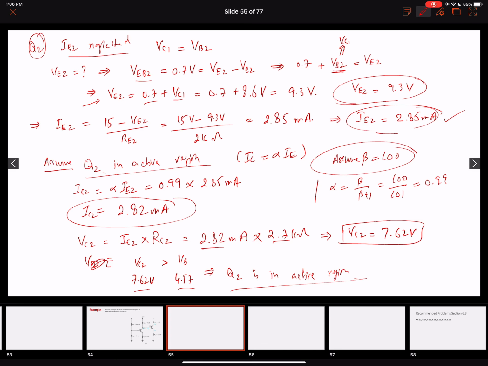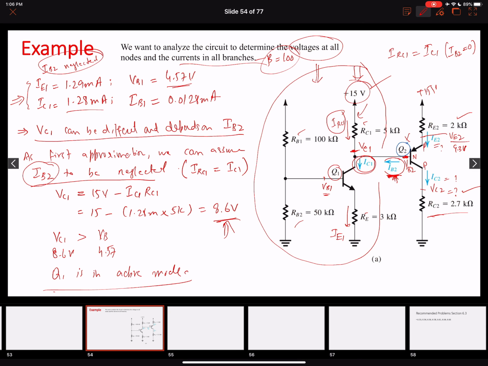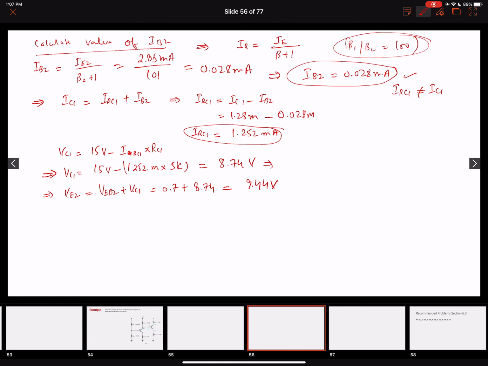After finding the emitter voltage, we ended up finding the emitter current. The emitter current is flowing over here. Sorry, this is the emitter. So we found the emitter voltage over here. The new value of the emitter current will be 15 minus the new value of VE2, divided by RE2. So the new value of IE2 will equal 15 volts minus VE2 over RE2.